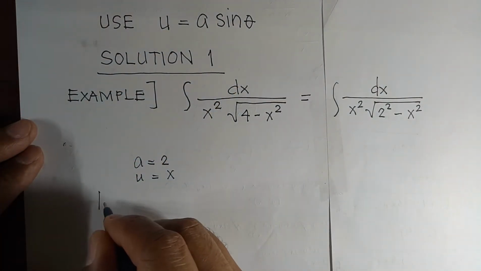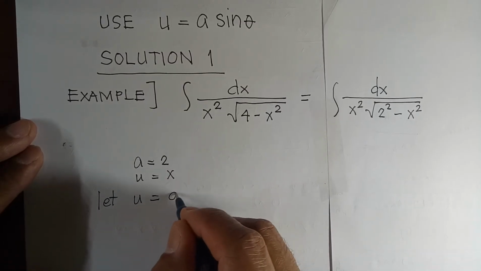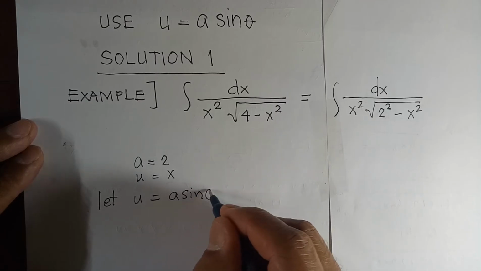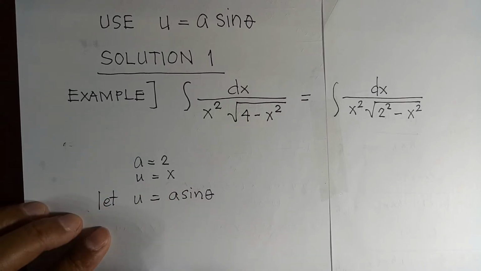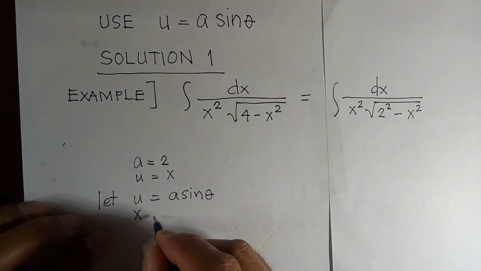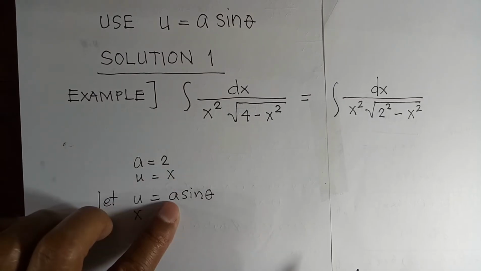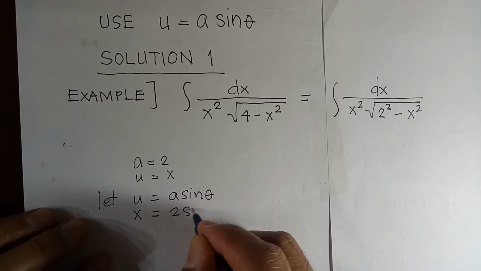So let u equals a sine of theta. Okay. So, yung u equals sa x, so yung u na yung papalitan ng x. Yun namang a equals sa 2, so yung a na yun papalitan ng 2. So, mayroon tayong 2 sin theta.